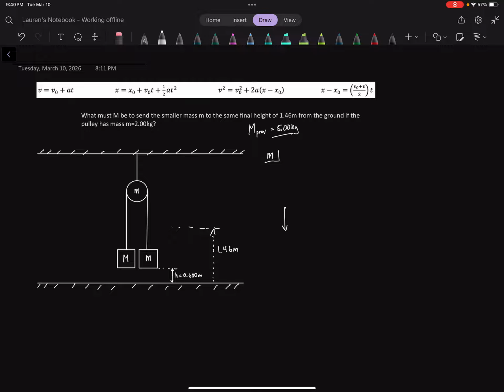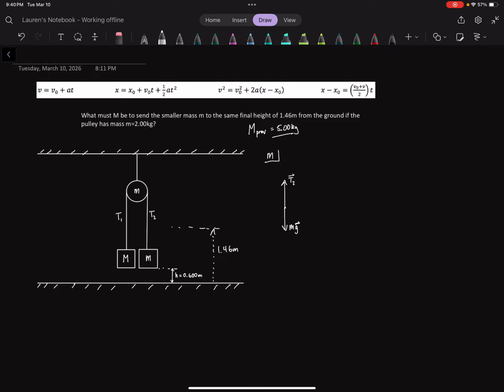We have little m, g down. So now with the pulley having mass, we have to realize that there's two different tensions in the two different sections of the rope here. So for little m, I've just labeled this T2, so I'll stick with that.